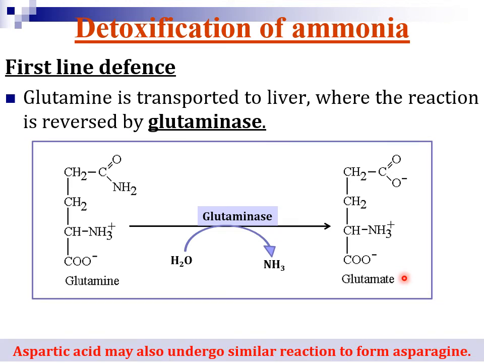In the same way, aspartic acid also gets converted into asparagine, comes to the liver, gets converted back into aspartate, and also helps in the transport of ammonia.